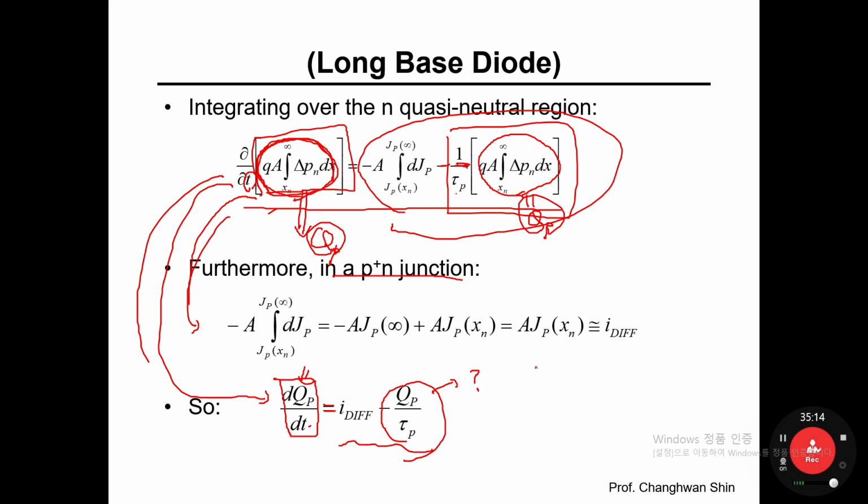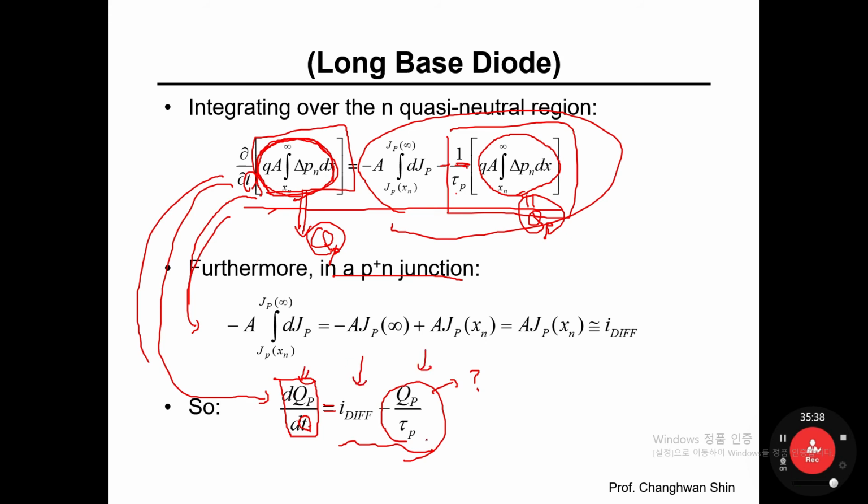So Coulomb per second, which is amp, the unit for current. So how the stored charge varies as a function of time will be determined by two factors, number one and number two.